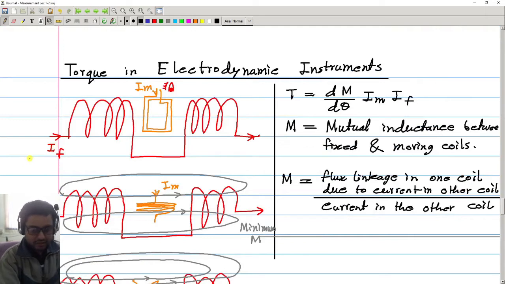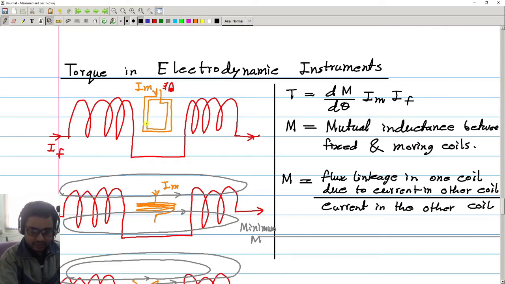Any question till now? Okay, fine. So notice that when this coil turns, mutual inductance changes.